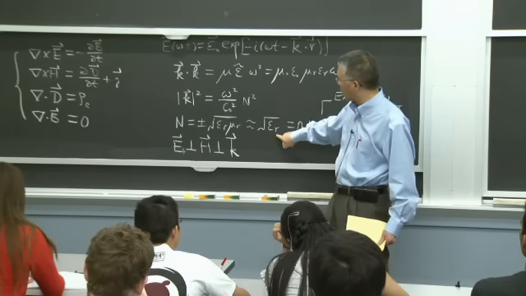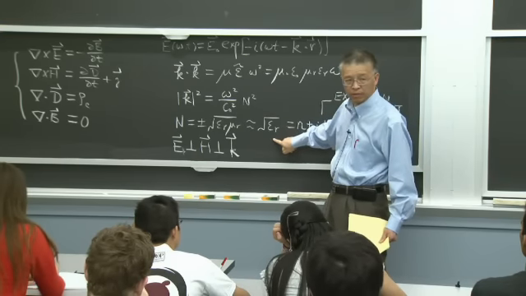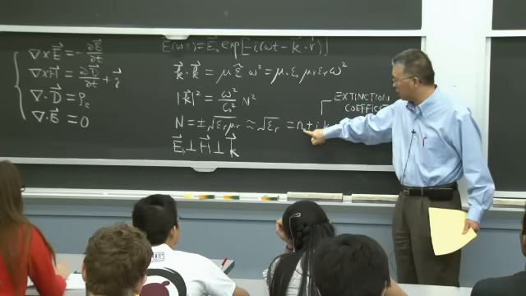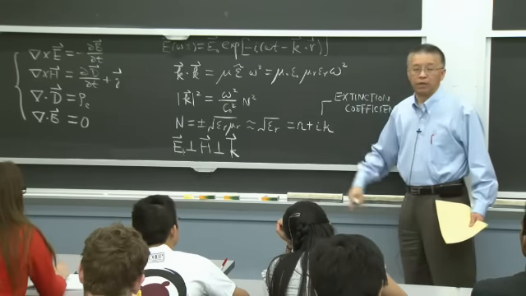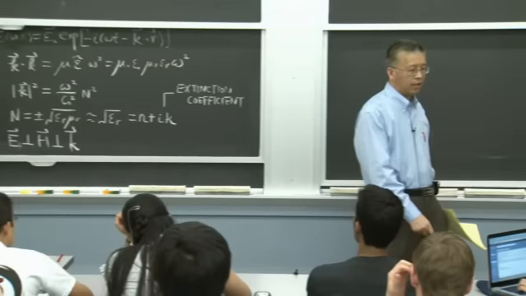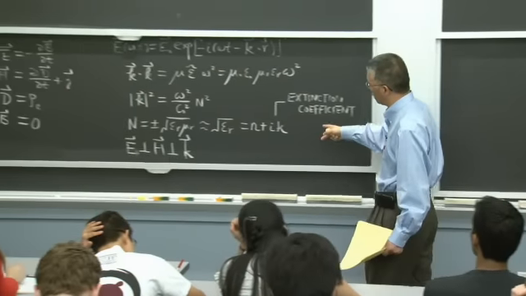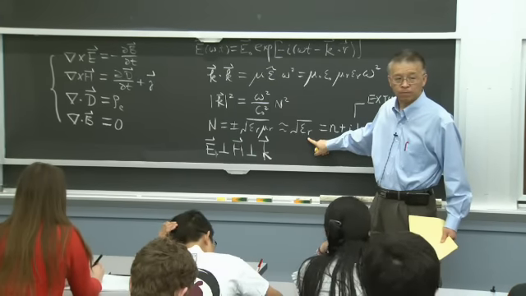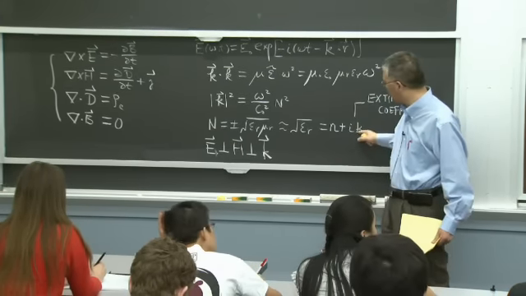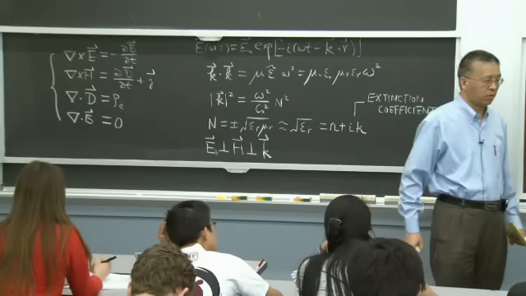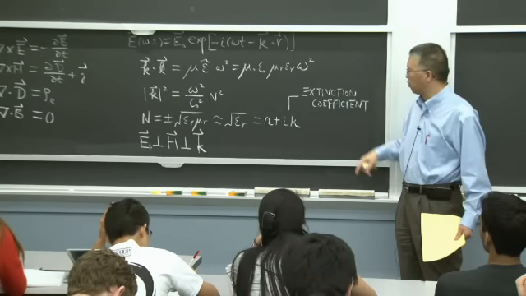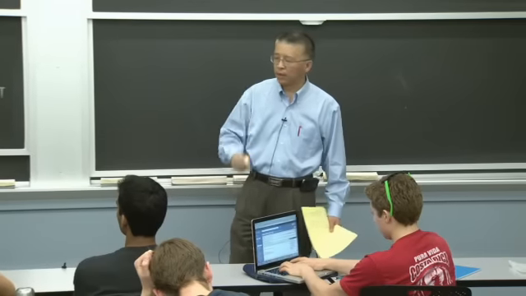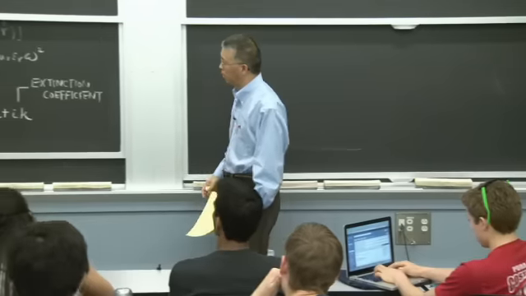Because this could include an imaginary part, when you take the root, generally your optical constant has a real part and an imaginary part. The imaginary part of epsilon r is associated with the loss. Correspondingly, this kappa, which we call the extinction coefficient, is also associated with the loss, the damping of the wave when it propagates through the medium.